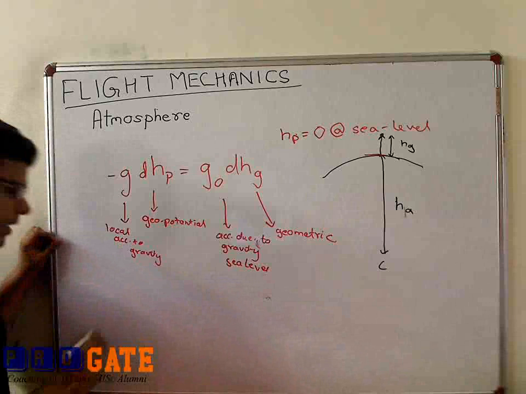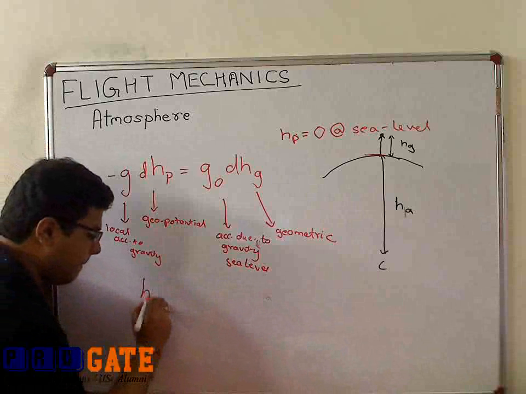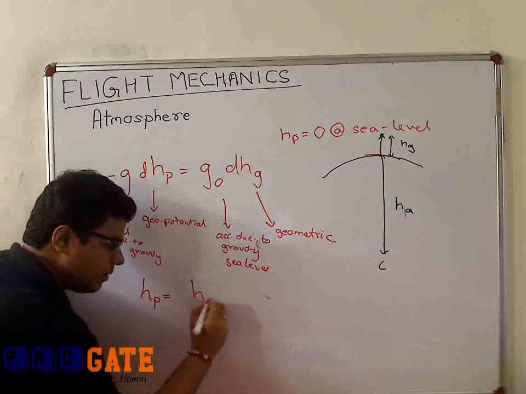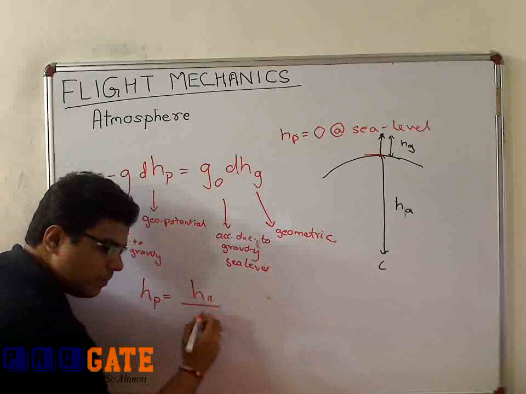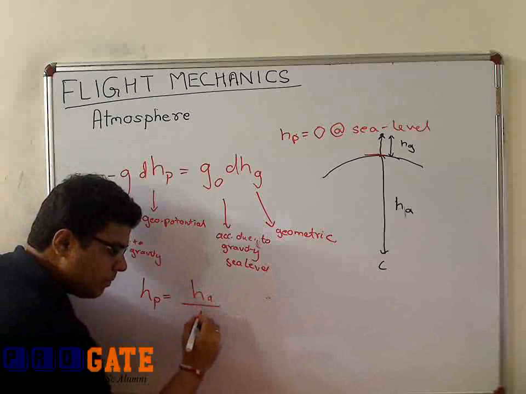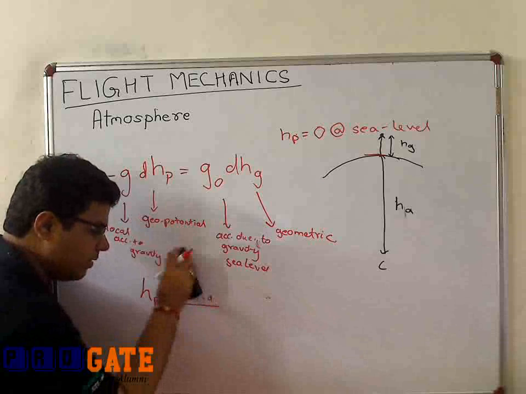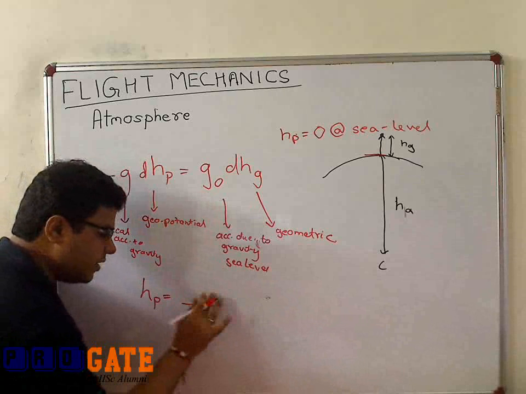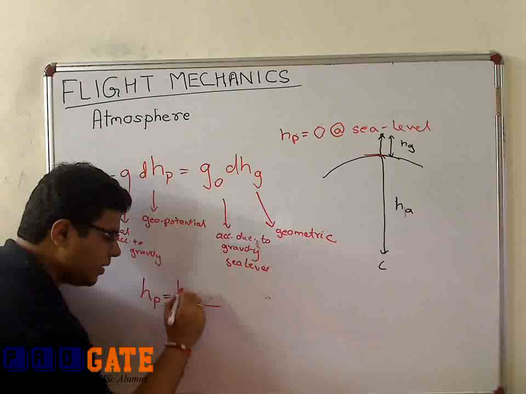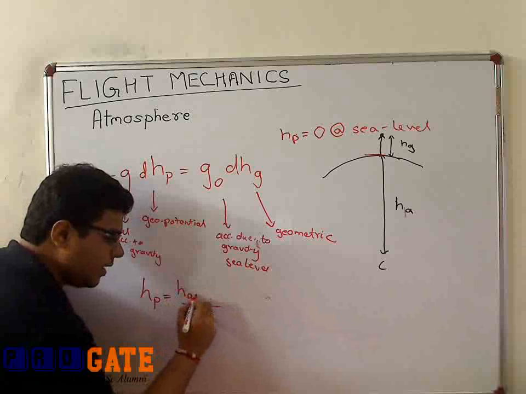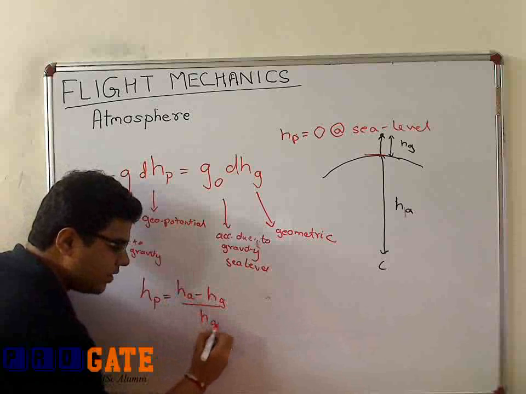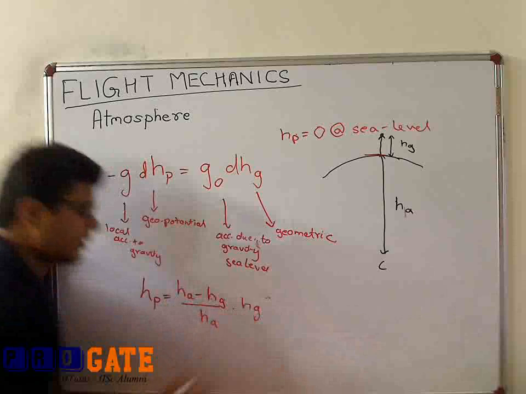This equation can be stated as Hp, the geopotential altitude, is equal to Ha minus Hg upon Ha into Hg.